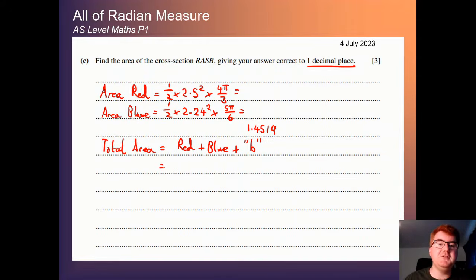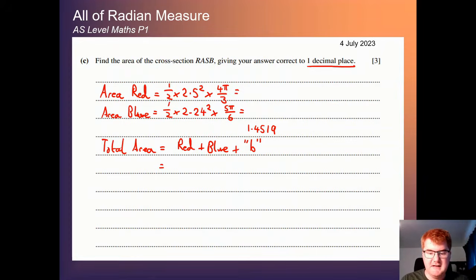And at this point, it's now just being very careful with our calculator and making sure we put everything in clearly. So we've got 1.4519 plus 0.5 times 2.5 squared times 4 pi over 3, and then adding on 0.5 times 2.24 squared times 5 pi over 6.